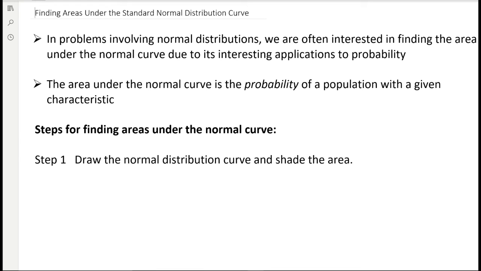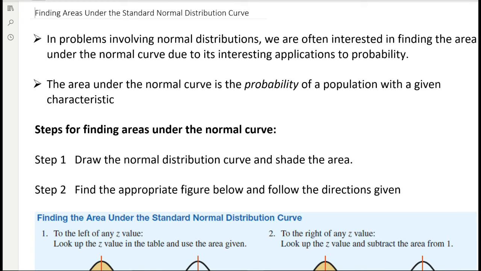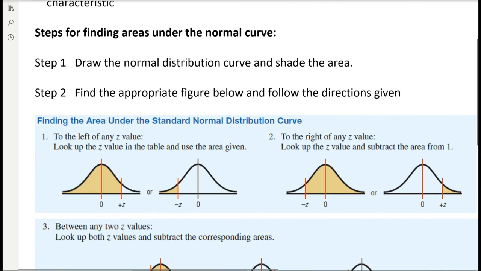Well, step one, we want to draw the normal distribution curve and shade the area that is desired. Step two, you want to find the appropriate figure below and follow the directions given based off of the direction of the area that is being shaded. If you are looking for an area to the left of the z value, you look up the z value in the table and use the area given.